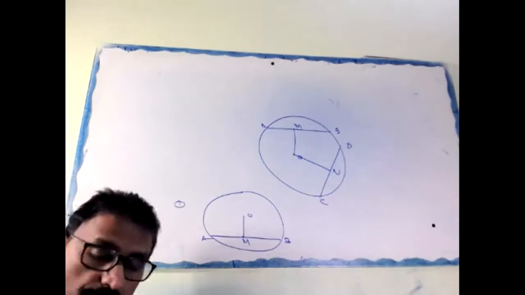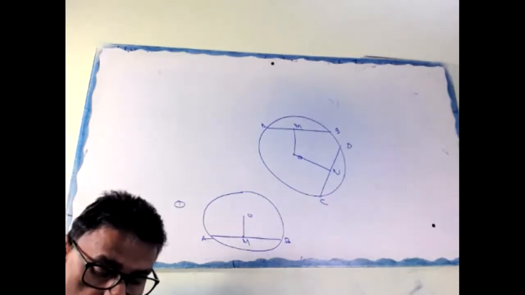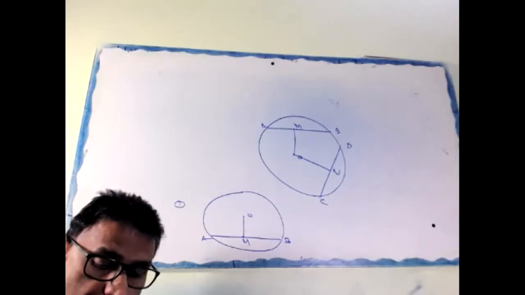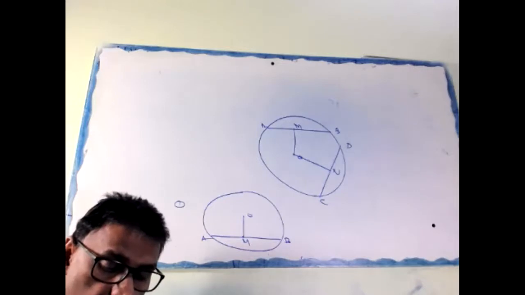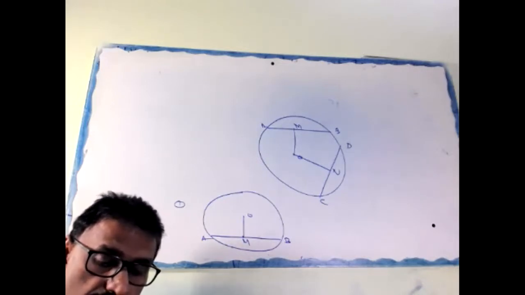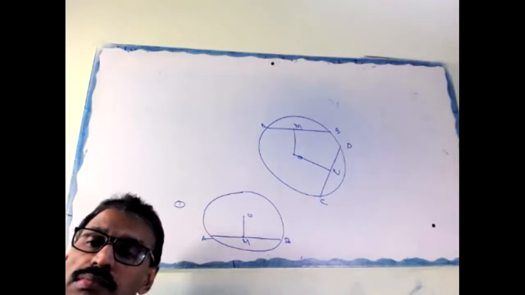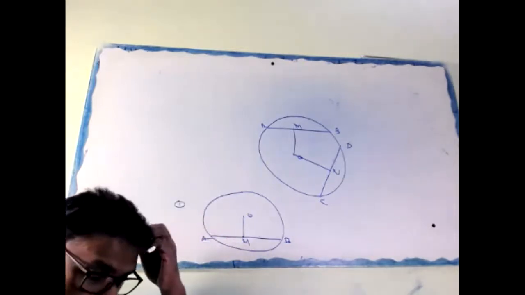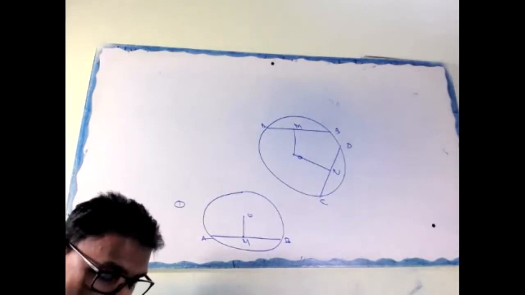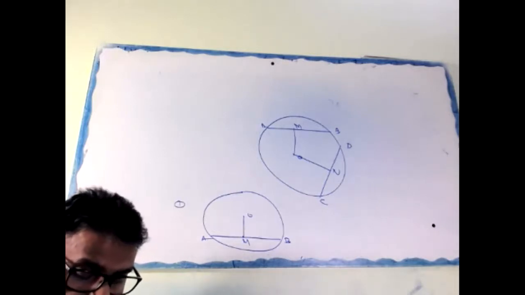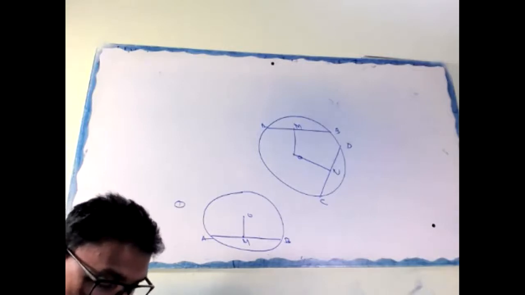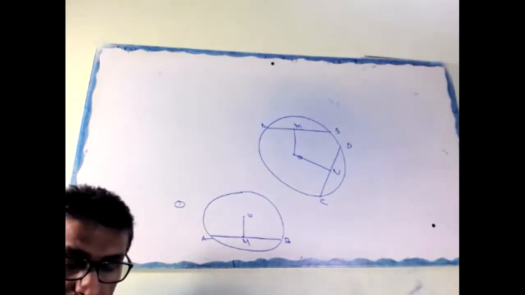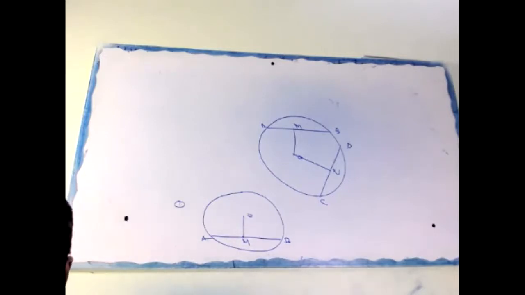The star question. Hello, listen here. If two circles intersect at 2 points, prove that their centers lie on the perpendicular bisector of the common chord.